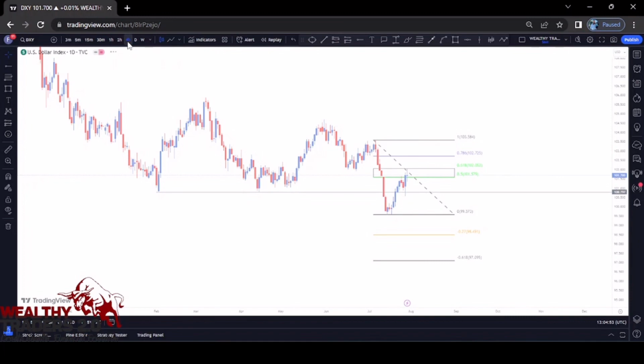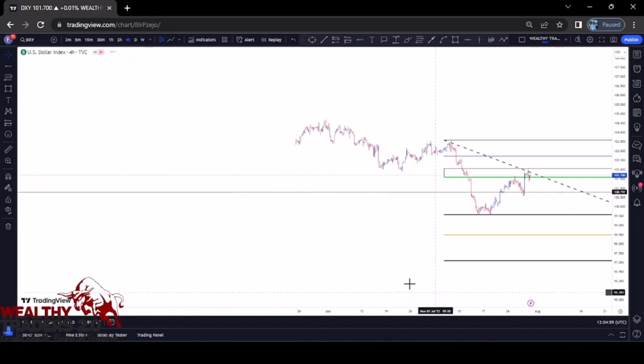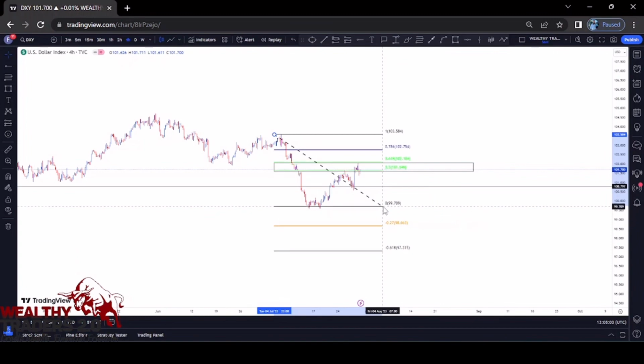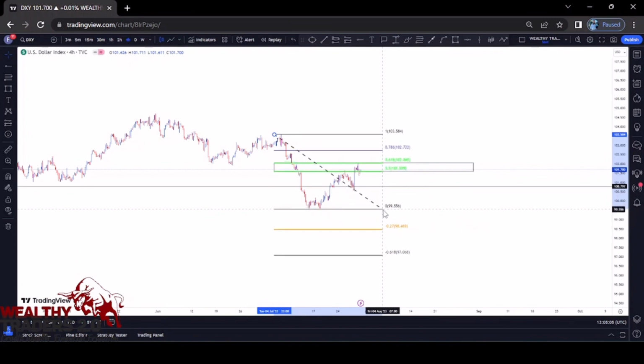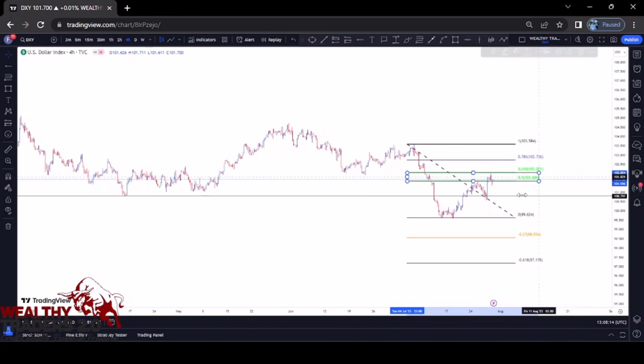Now we move to the 4 hours and check what's really happening on our 50 and 61.8 level. Let's just make our Fibonacci a little bit smaller so that we can have a clear view of the market.